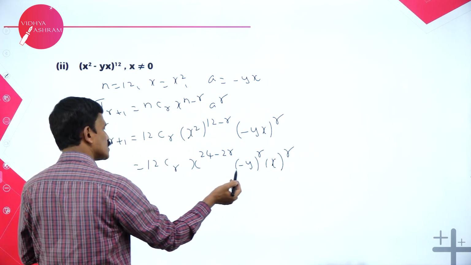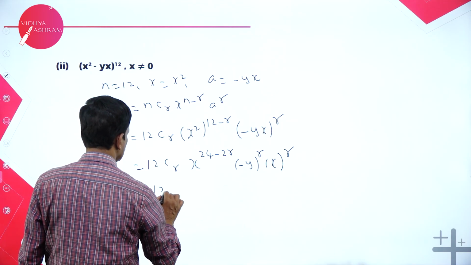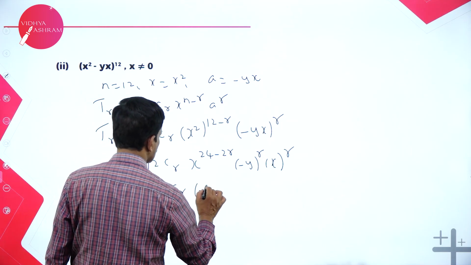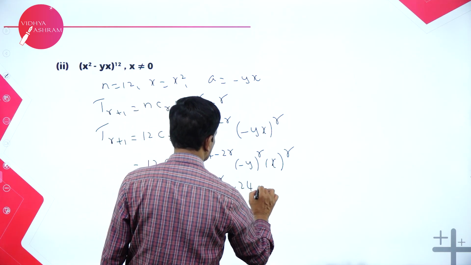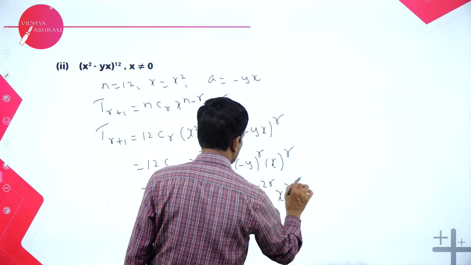So, if you want, you can stop here itself, or you can also combine the terms containing x to the power of 24 minus 2r into x to the power of r.